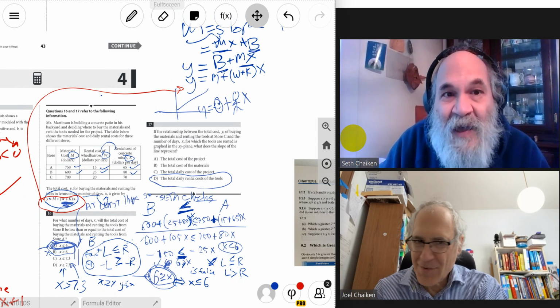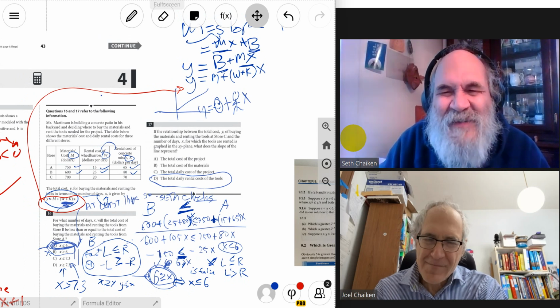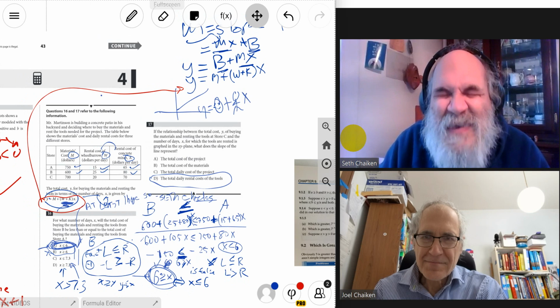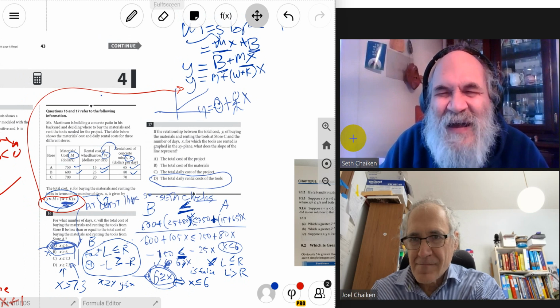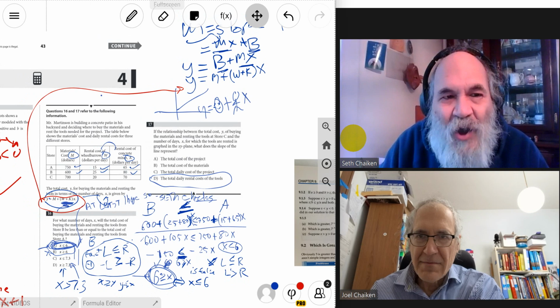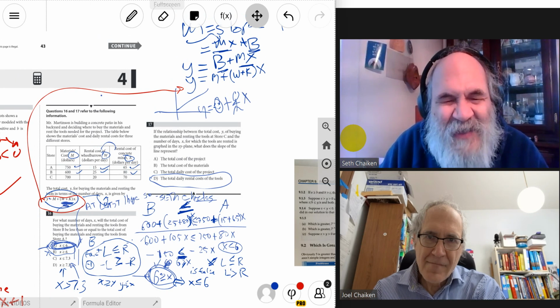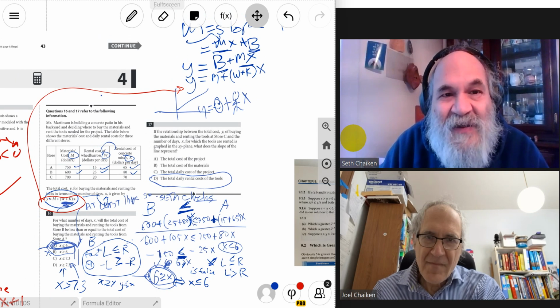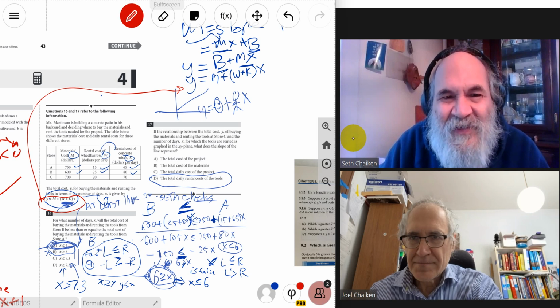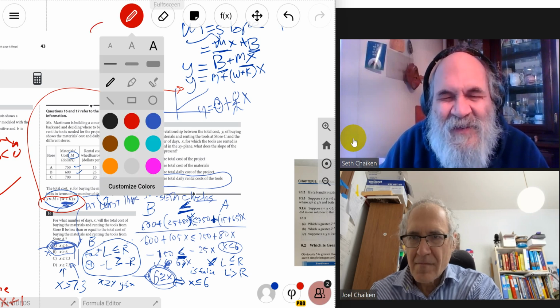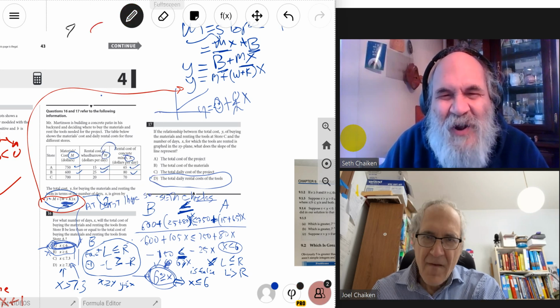No. M is what multiplies X, and B is what appears as a constant without multiplying anything. They presented the formula with the constant in the linear form first, and then the slope times x part second.